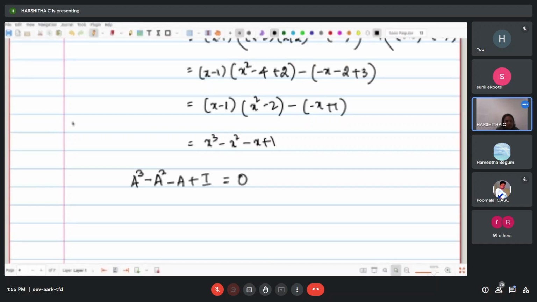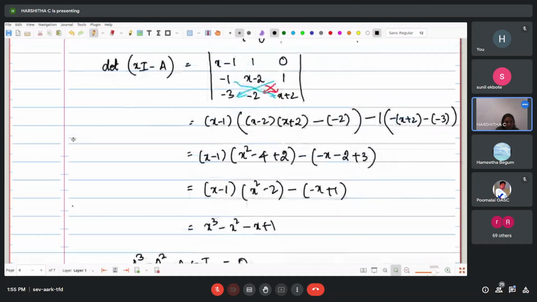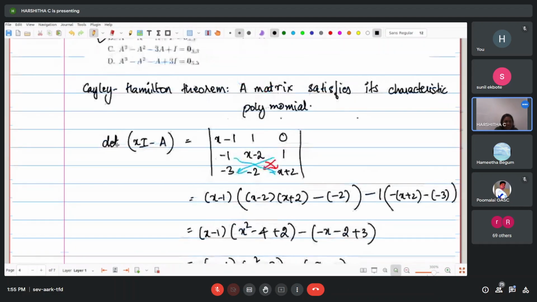Can you find this characteristic polynomial by any other method? No, this is the only way. I mean, another method, as in, you go backwards.